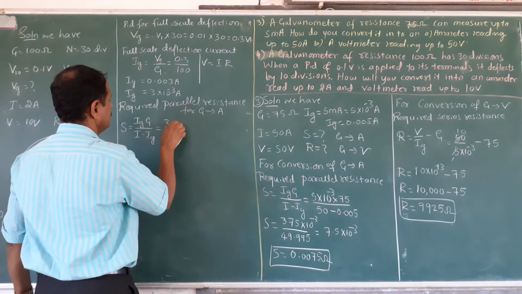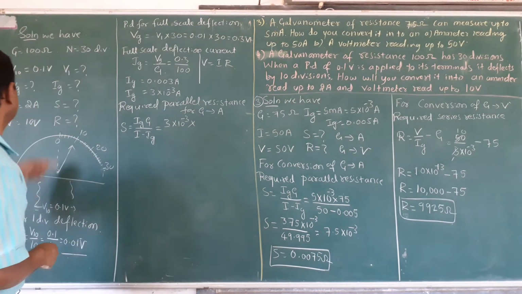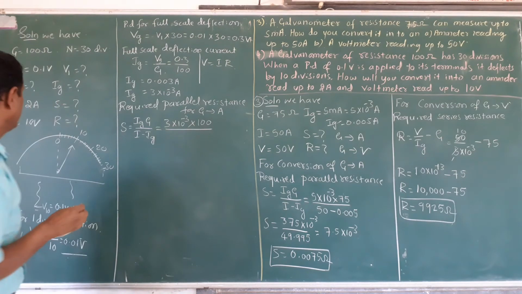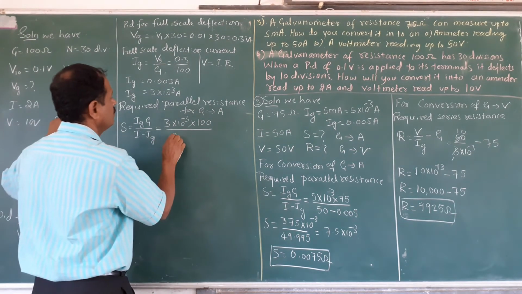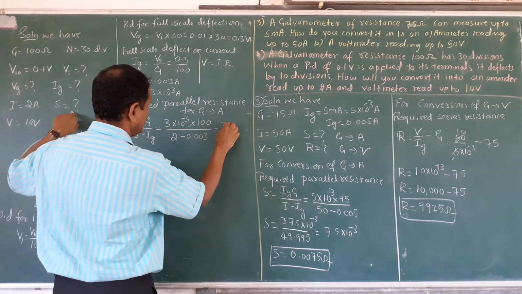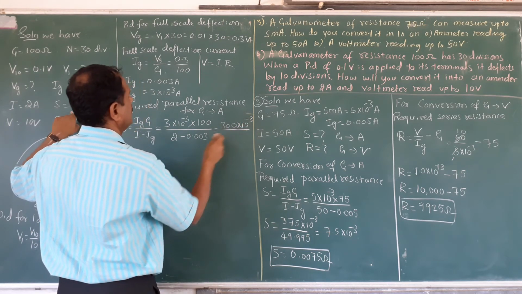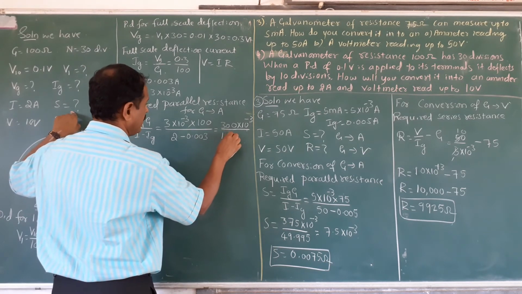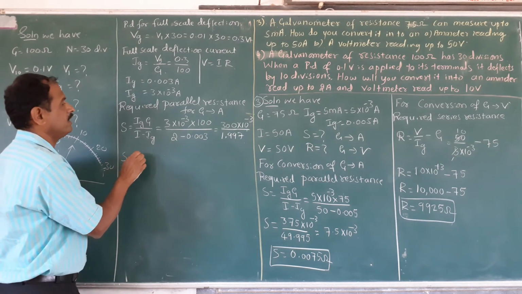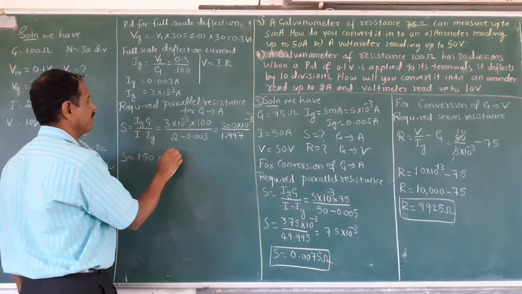IZ is 3 into 10 to the power of minus 3 into G. G is 100, divided by I, which for this conversion is 2 ampere, 2 minus 0.003. This is equal to 300 into 10 to the power of minus 3 divided by 1.997, which is approximately 150 into 10 to the power of minus 3.